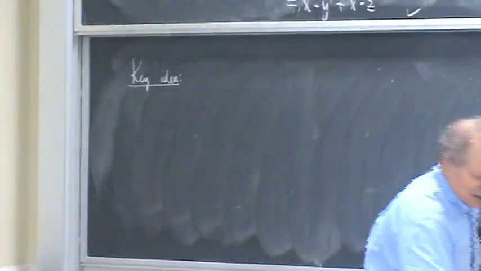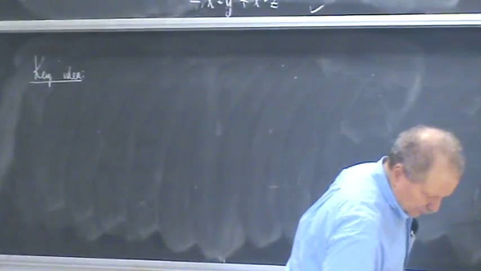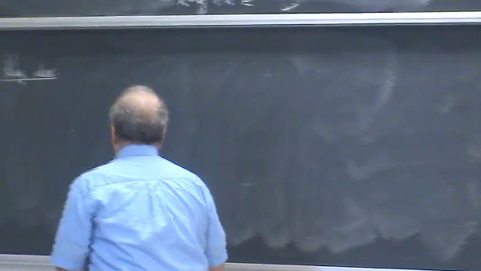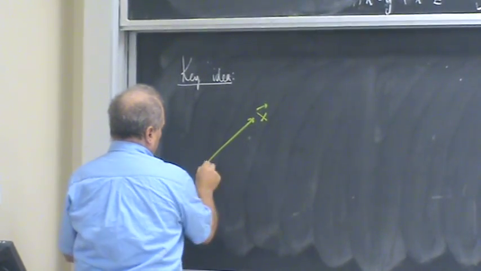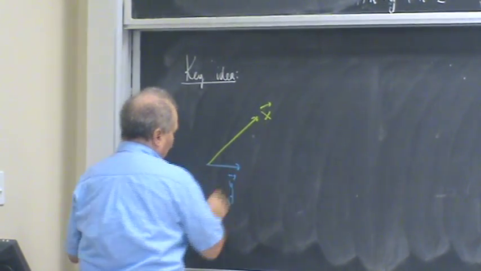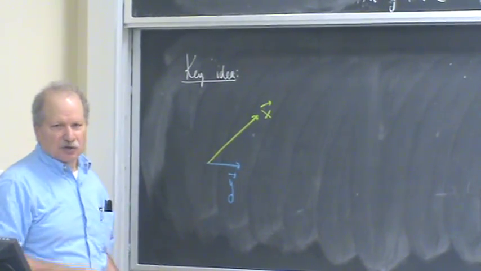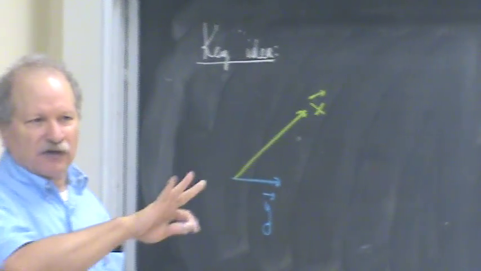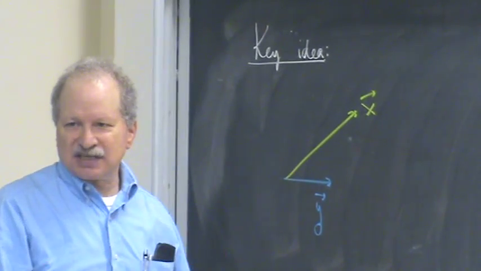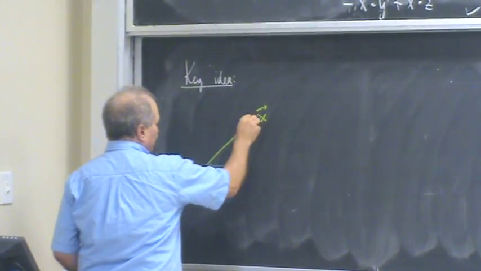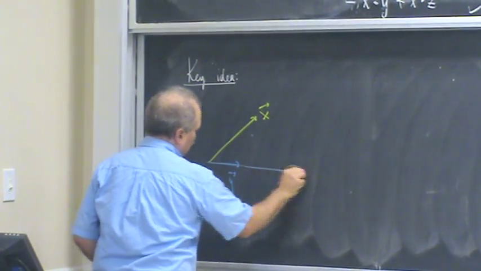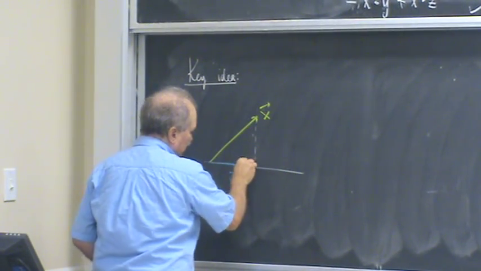I want to take my x, and I want to take my y, and I want to think of making a right triangle. So think of these as vectors in the plane. Don't worry for the moment that they might be living in 27-dimensional space. I want to think of making a right triangle by dropping a perpendicular.